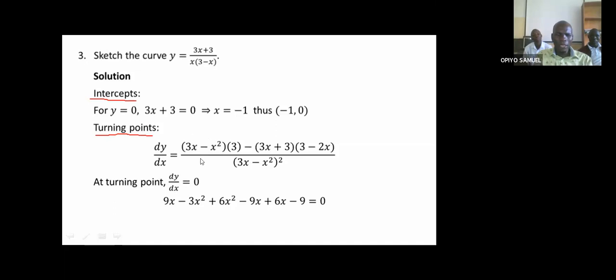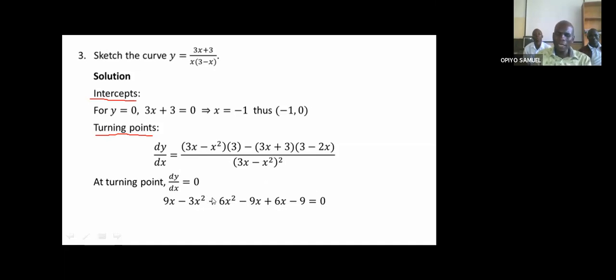And when we equate this to 0, the denominator is going to die off. We remain with only the numerator, which when we expand, we get 9x minus 3x squared plus 6x squared minus 9x plus 6x minus 9 equal to 0. So we now need to solve for x.